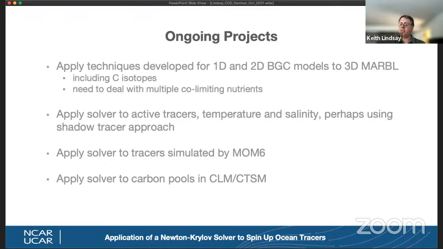So the idea I'm mentioning is using this shadow tracer approach to turn off that coupling, but then you have this challenge of keeping the shadow tracers from going off the rails. The shadow tracers avoid the problem of coupling the active tracers to the flow field, but then you need to make sure that the shadow tracers that you're applying Newton-Krylov to don't go off the rails.